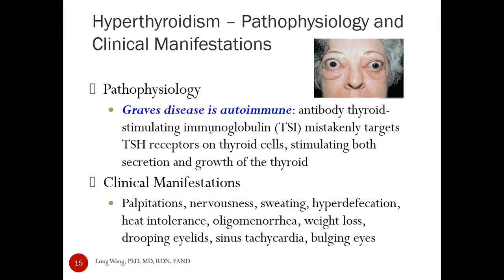But now that the TSH receptor is destroyed by TSI, then TSH won't have effect on it. But TSI can stimulate both the secretion and growth of the thyroid. So it's pretty much pushing out TSH and taking its place.